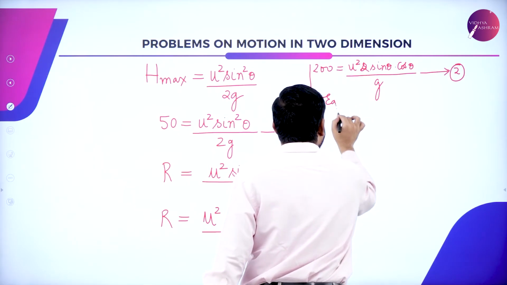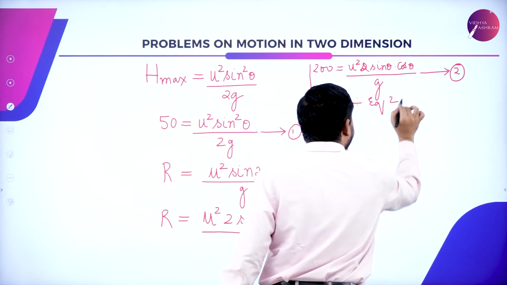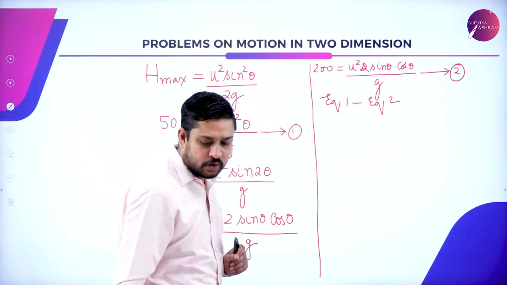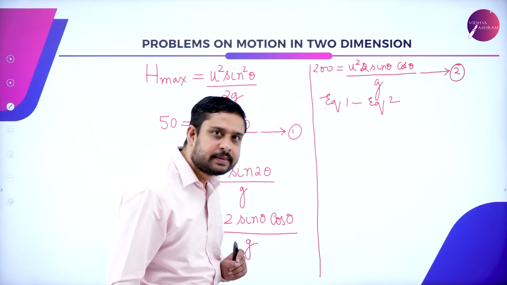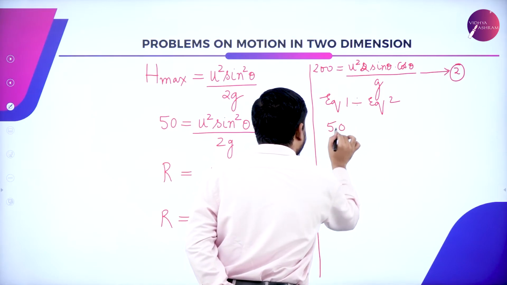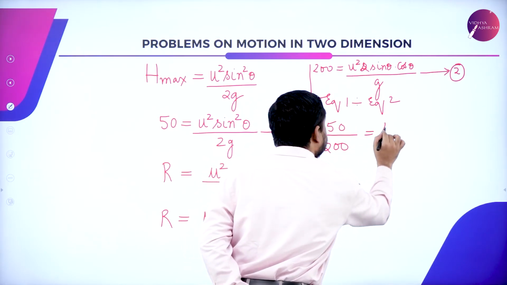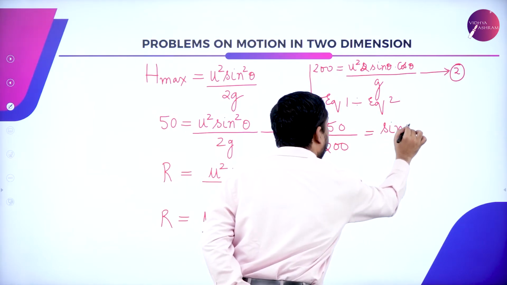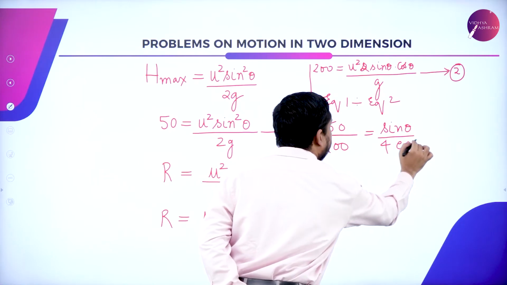Now equation 1 divided by equation 2, so this is 50 by 200 is sine theta by 4 cos theta.